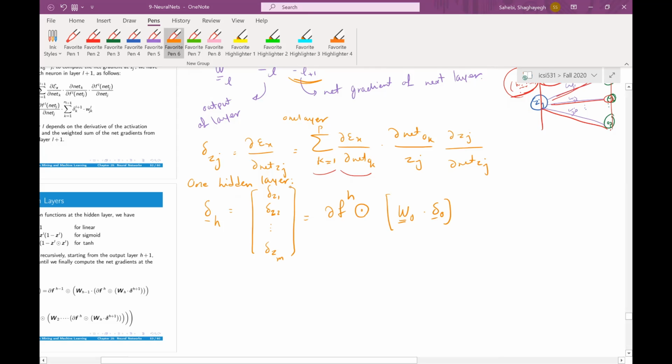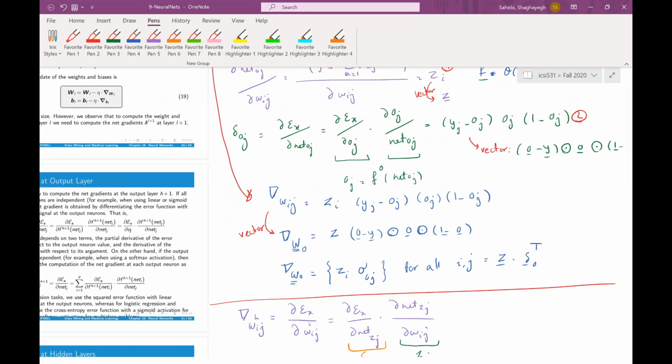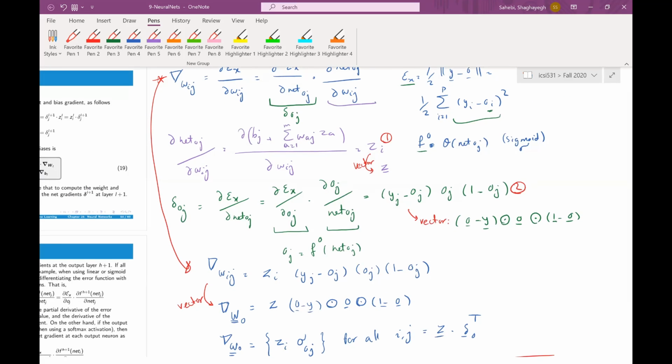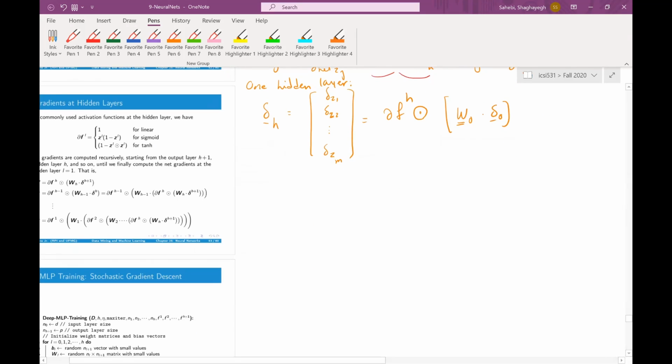If we have multiple hidden layers, similar to here where we calculated for one hidden layer and then for multiple, the net gradient for layer L is going to be the gradient of the activation function there, f_L, element-wise product of W_L dot the net gradient for the next layer.